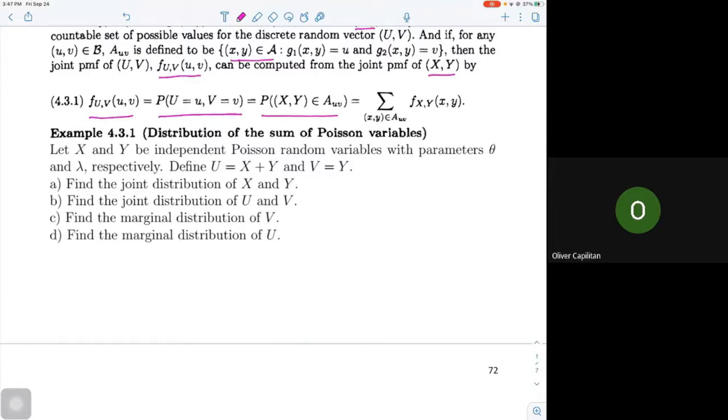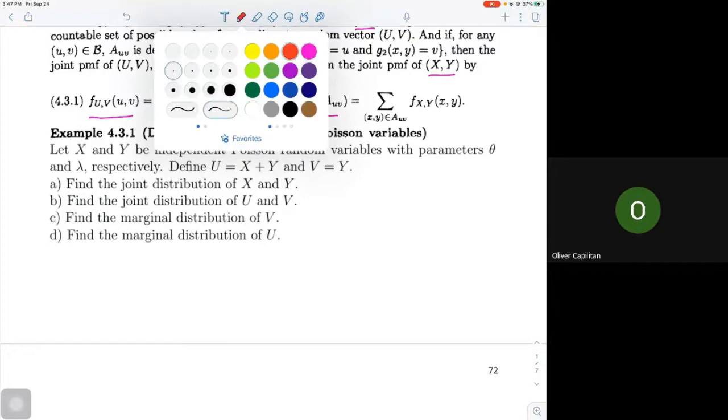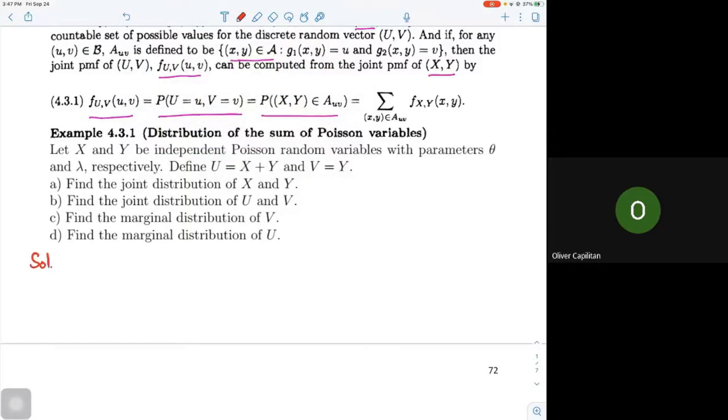So for letter A, the joint PMF will just be equal to the product of the marginal PMFs of X and Y. I hope you can identify the random variable and the realized value.